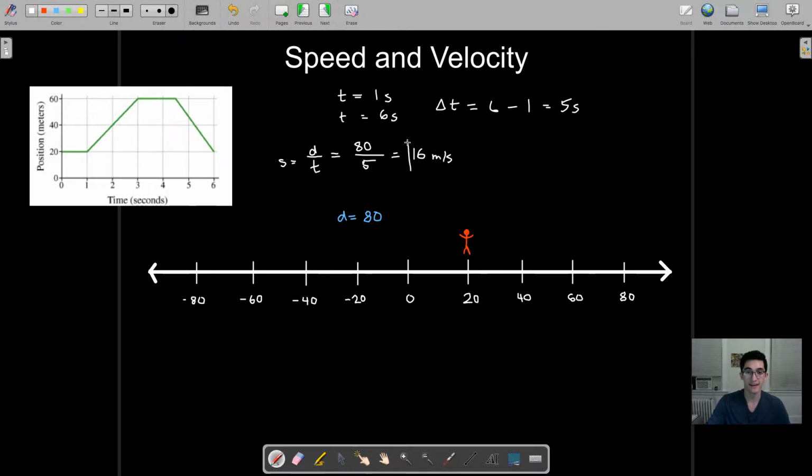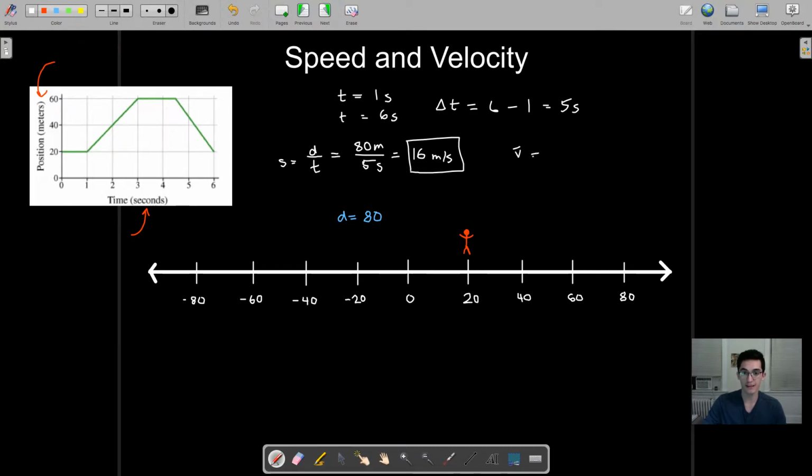Okay, and that's it. Make sure to include your unit. We said that we're working on a scale of meters and seconds. So in case you're wondering where I got that from, that's over here on the axes to the graph, meters and seconds. All right, so that's our speed, but what about our displacement, or our average velocity?